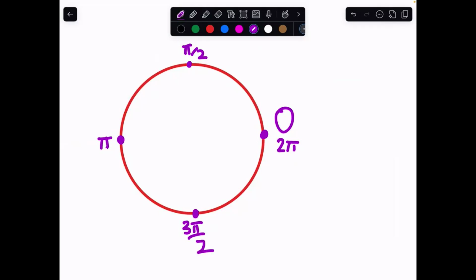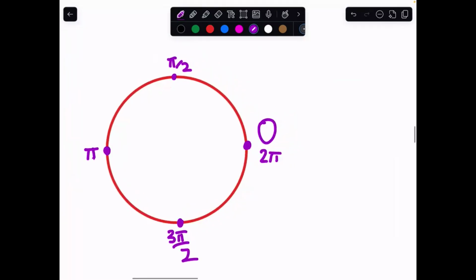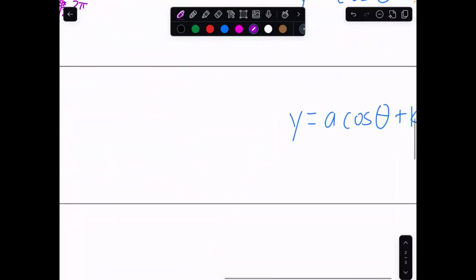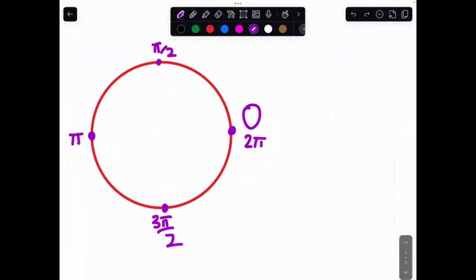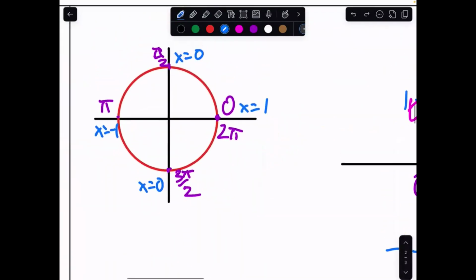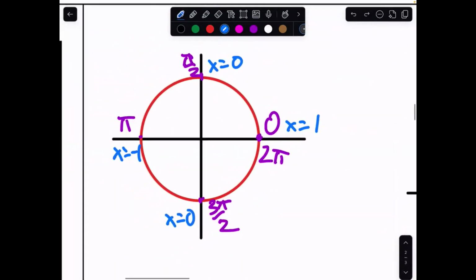Okay, so again, these represent the angles around the unit circle. And since we're graphing cosine, we know cosine refers to the x coordinate where the angle hits the unit circle. Above, for the unit circle, we knew that this point was 1 unit to the right, so we said x equals 1.